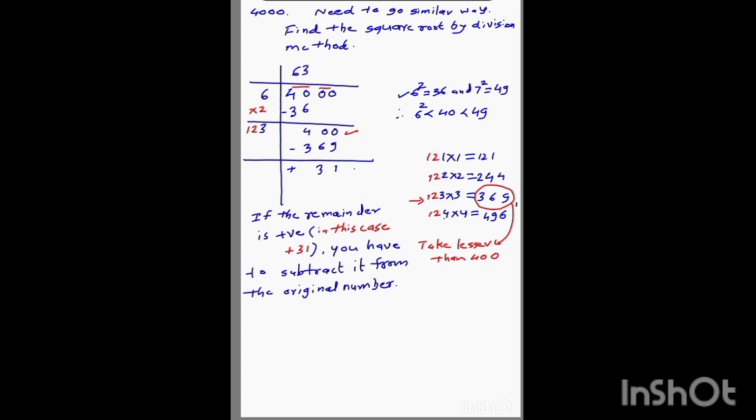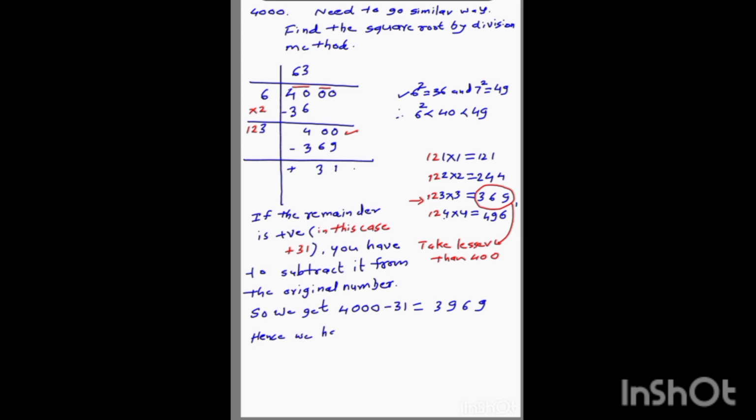So the original number is 4000. I am going very slow, deliberately, because everybody should understand. Even one who has practiced enough will see this is very slow, and that is very nice. So after subtracting 31 we get 3969.